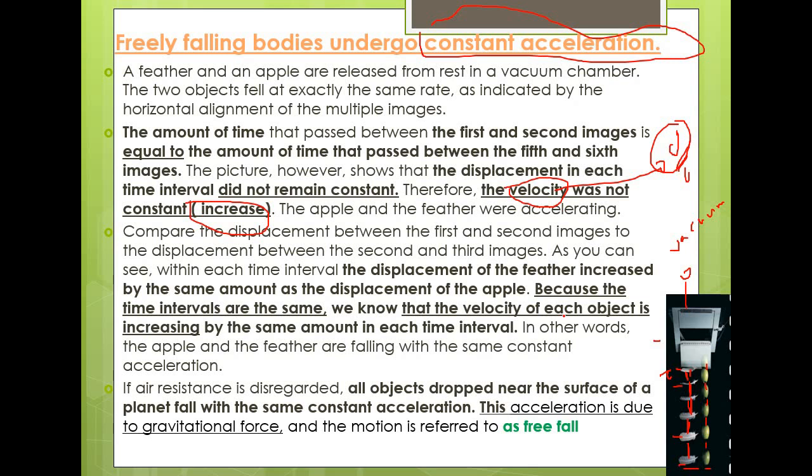We know this because the time intervals are the same. So when the displacement increases, the velocity increases.